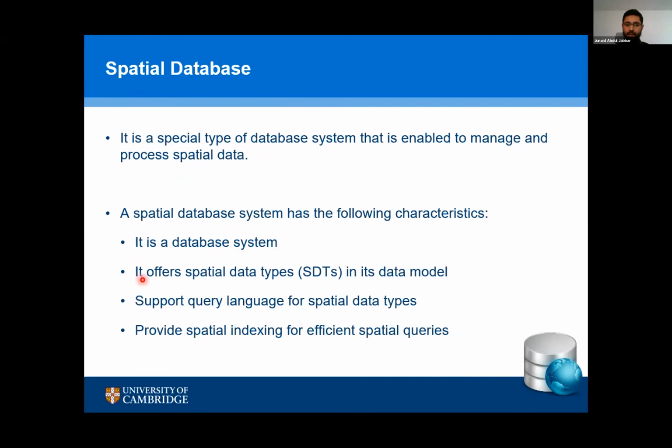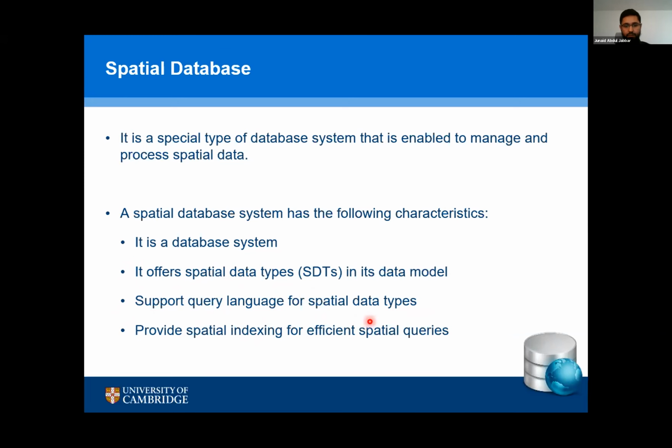However, it is extended so that it offers spatial data types in its data model, and it also provides us the query language that we need to answer some of the spatial queries related to our spatial data types, and provides us with an efficient mechanism known as spatial indexing that allows us to quickly retrieve these results.